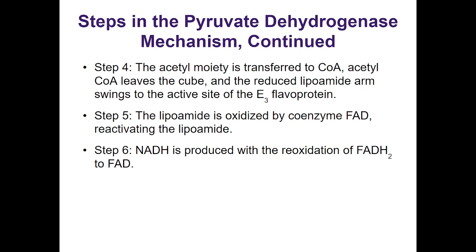This is that part where we'll reset it. Step 5, the lipoamide is going to be oxidized by the coenzyme FAD. This will reactivate the lipoamide at this point. It can swing back and start doing a new reaction. The NADH is actually going to be produced with the reoxidation of the FADH2 to the FAD, resetting the FAD portion. Okay?